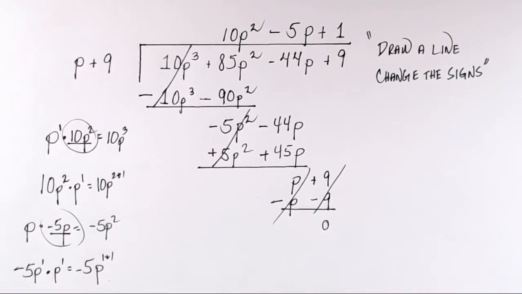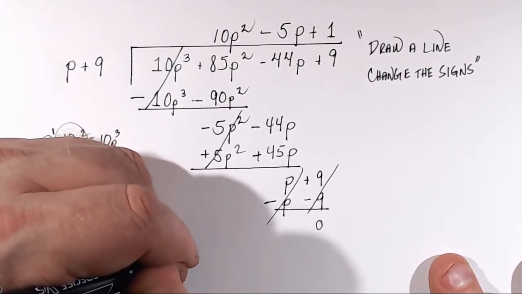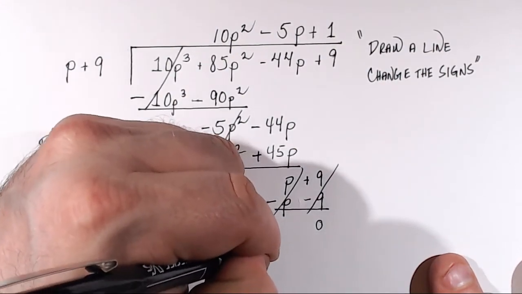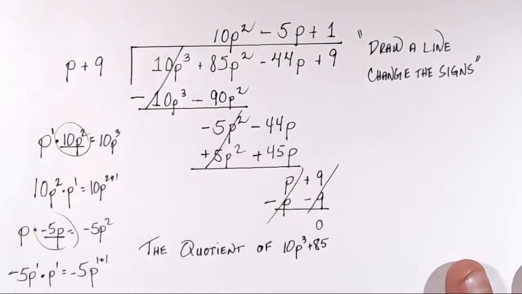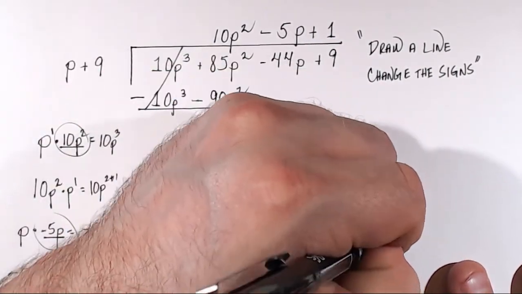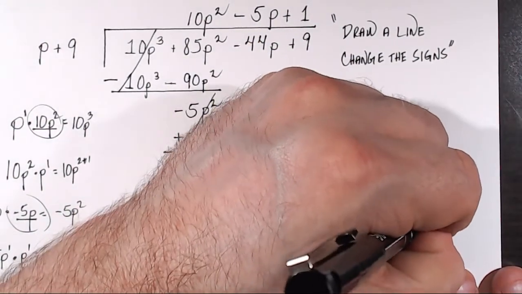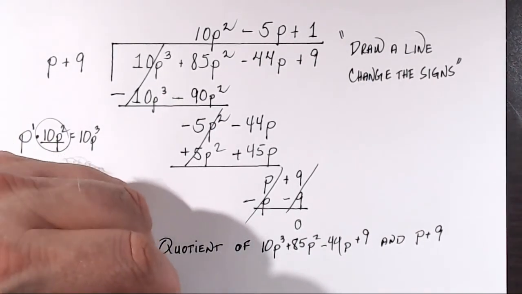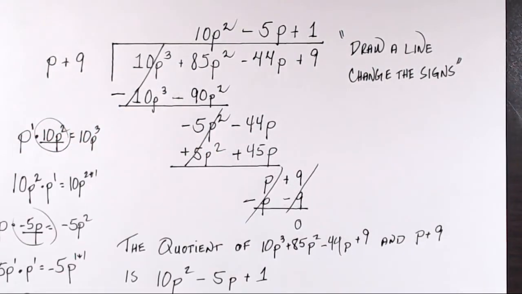So in other words, the quotient of 10p cubed plus 85p squared minus 44p plus 9 and p plus 9 is this quadratic, 10p squared minus 5p plus 1.